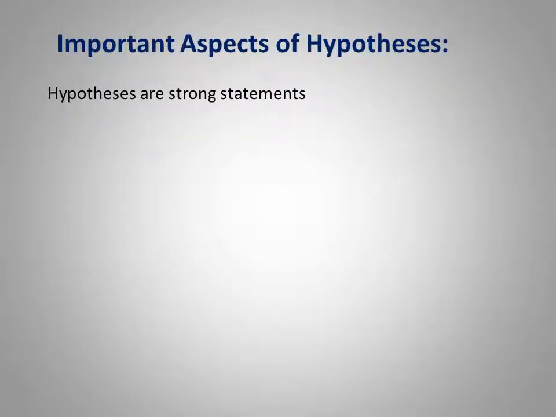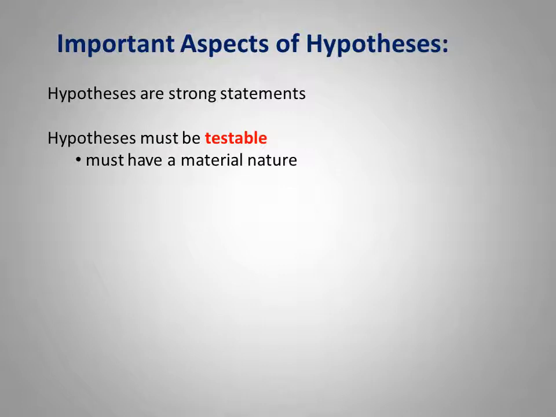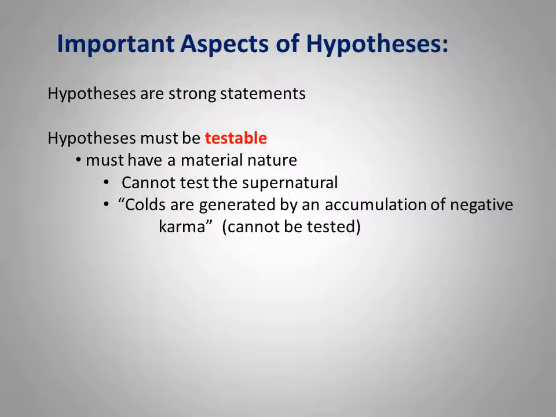When writing a hypothesis, you need to keep several key things in mind. First of all, hypotheses are strong statements. They must be clear and they must be precise. Secondly, hypotheses must be testable. They have to be material in nature. They cannot test the supernatural.